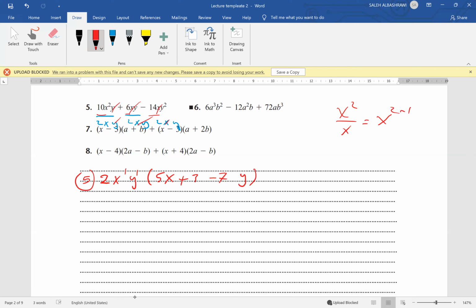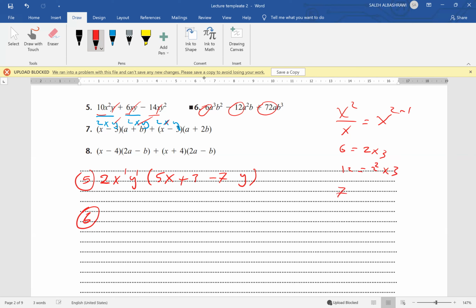For question number 6. See the coefficient first. 6, 12, and 72. 6 is 2 times 3. 12 is equal to 2 to power 2 times 3.